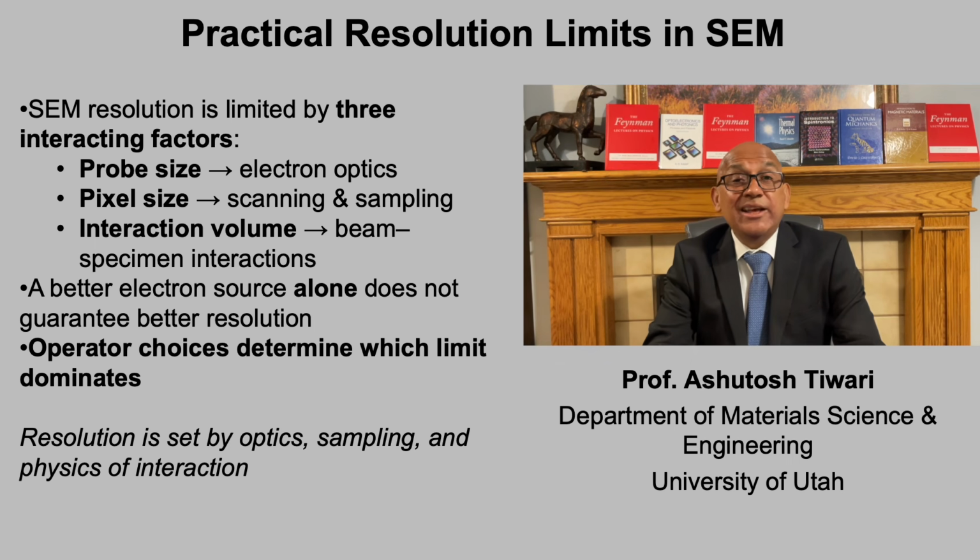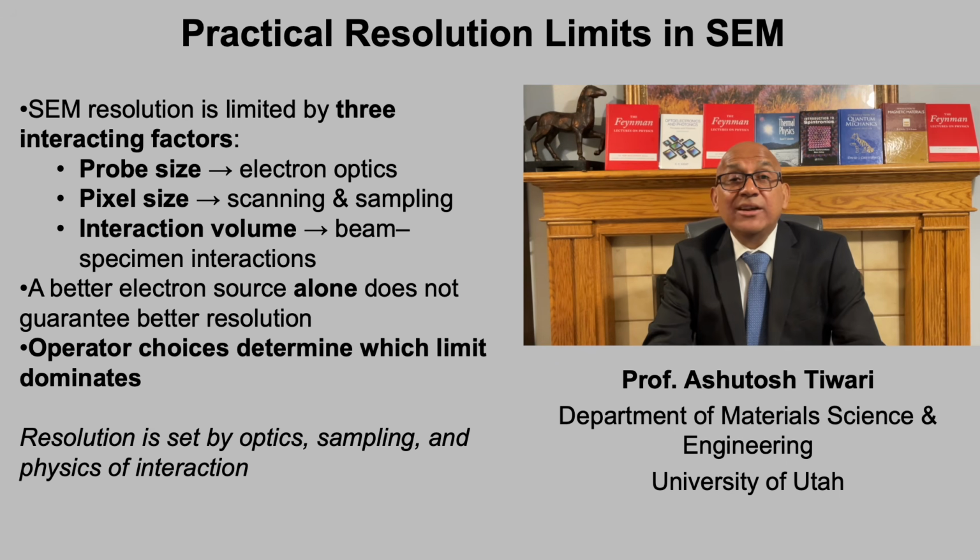This immediately tells us that SEM resolution is limited by more than one factor, and it is important to distinguish between them. The first factor is pixel size, which is determined by the scanning and sampling process. Specifically, the scan area and the number of pixels used to record the image. Pixel size defines how finely the specimen is sampled.